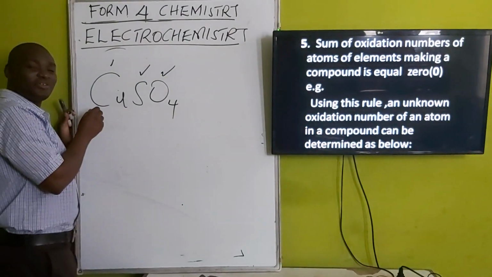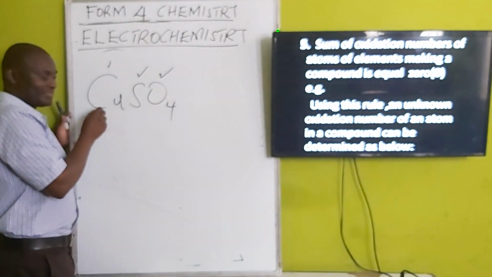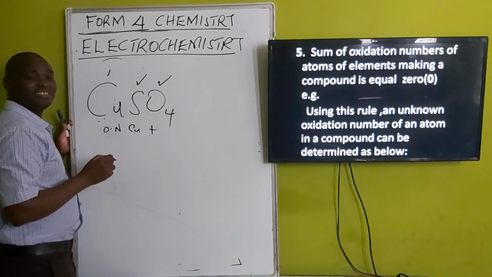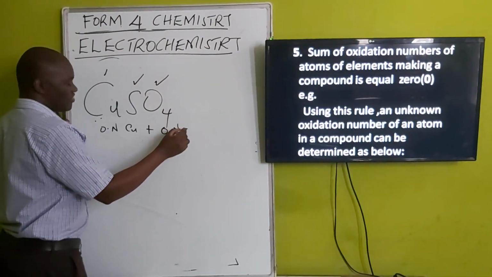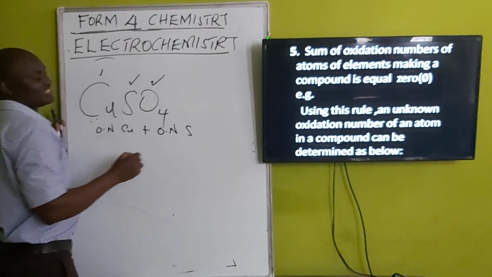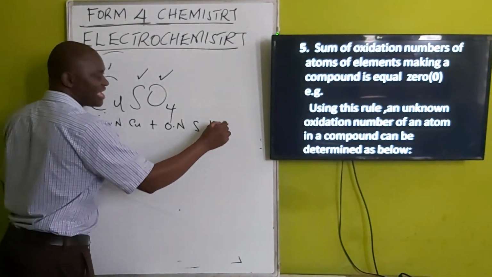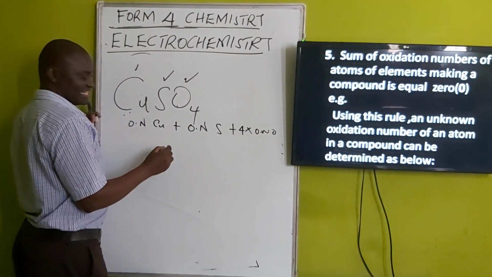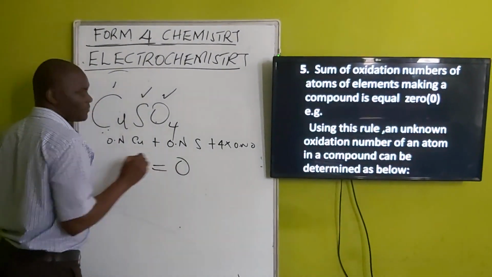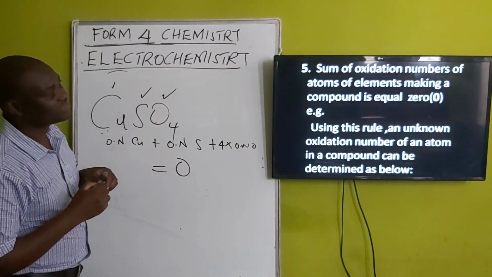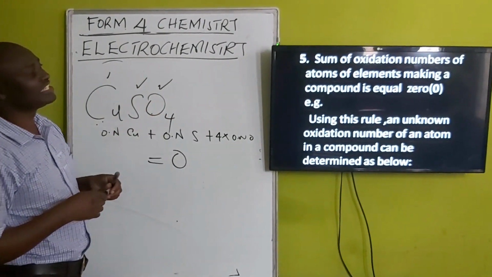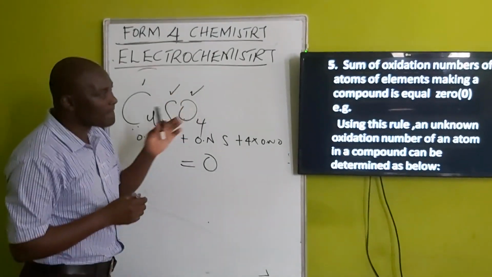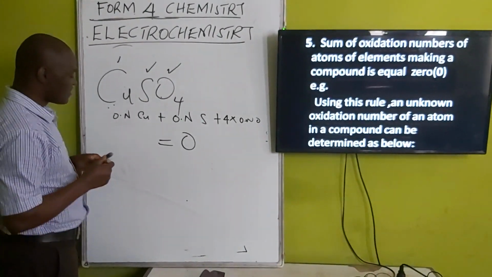So if you take the oxidation number of copper, you add the oxidation number of sulfur, then you add 4 times the oxidation number of oxygen, you will get 0. So the sum of oxidation numbers of atoms of elements making a compound is equal to 0.